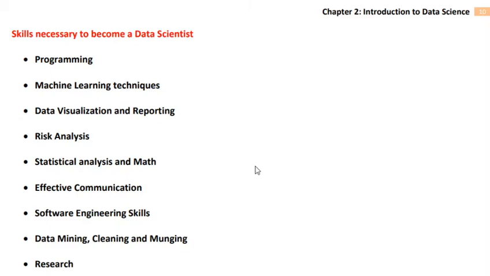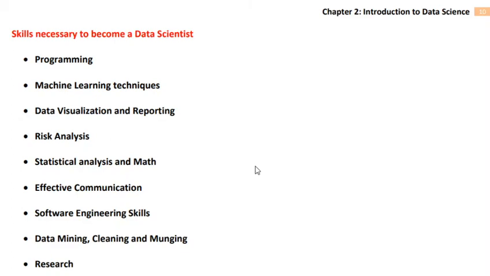So you need to have very good programming skill, knowledge about machine learning techniques, knowledge about the way data can be represented and visualized, risk analysis, risk management. You should have knowledge about mathematical approaches. You should have very good communication skill. You should have a sound software engineering skill.